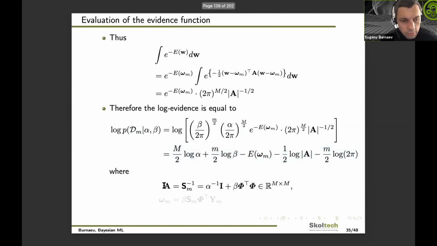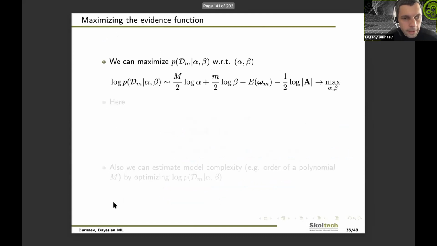Here the value of matrix A is given by this expression, and the value of the vector of parameters m is given by this expression. And now I maximize this evidence with respect to parameters alpha and beta.